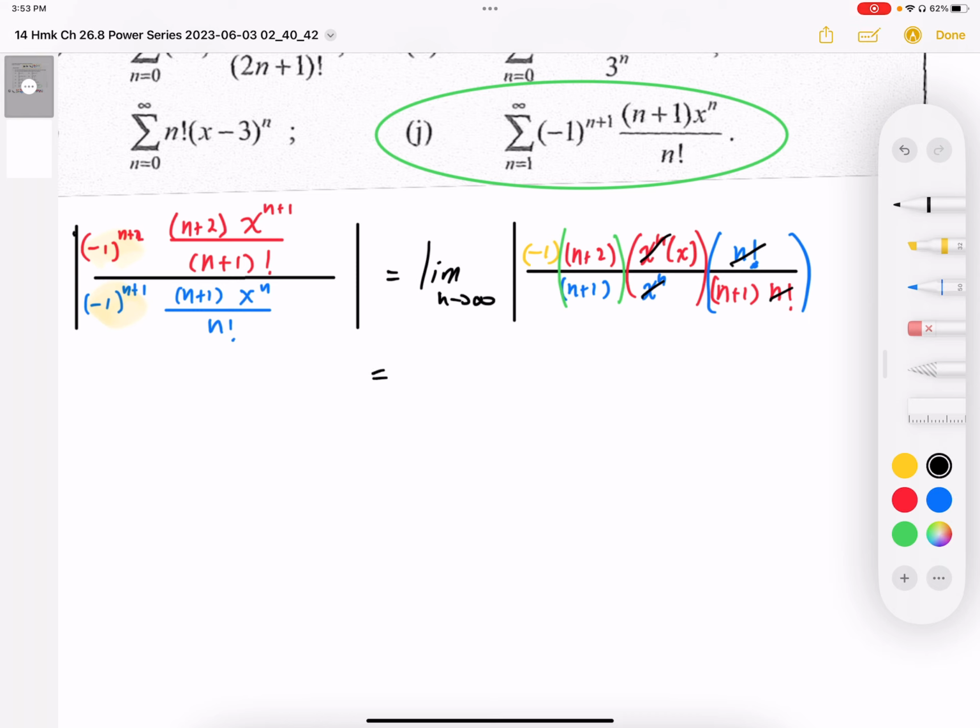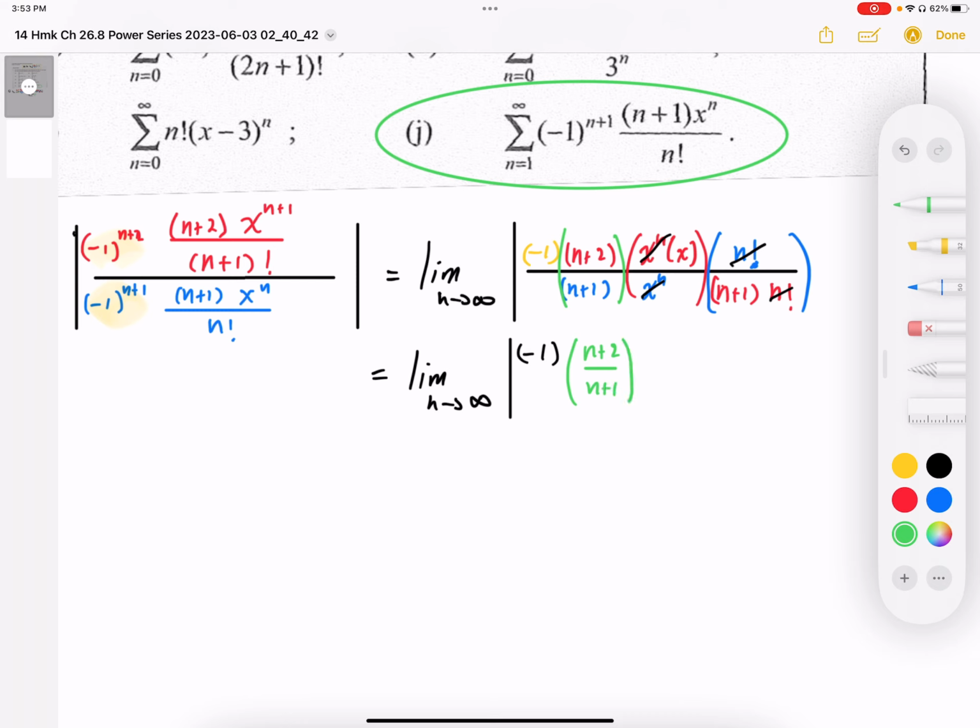So we have the limit as n approaches infinity. That negative 1 really is not significant. We have n+2 over n+1. Well, that's going to become 1.